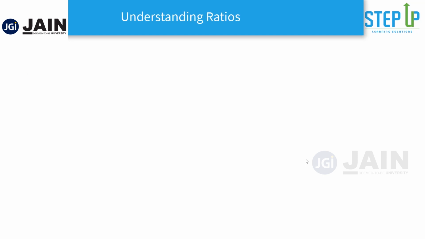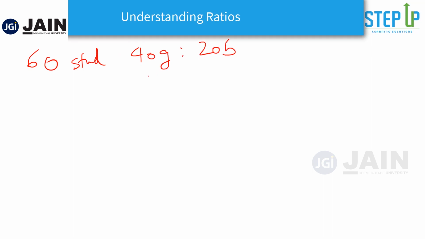First, I would like to draw your attention to the basic concept of ratios. In my last video, I explained, let's say in a class you have 60 students in total, and you have 40 girls and 20 boys in that same class. Now, I said the difference between ratio and fraction is always part to whole.